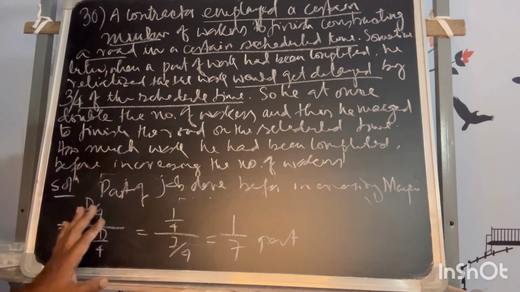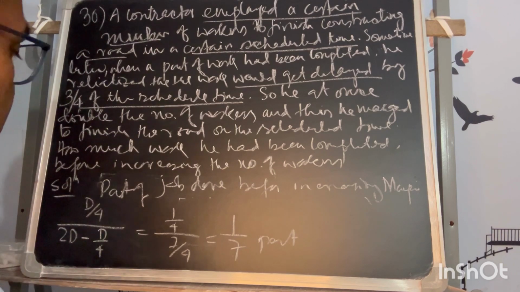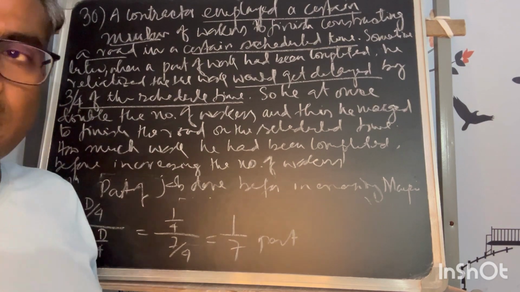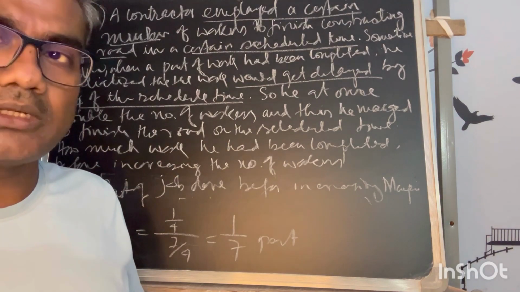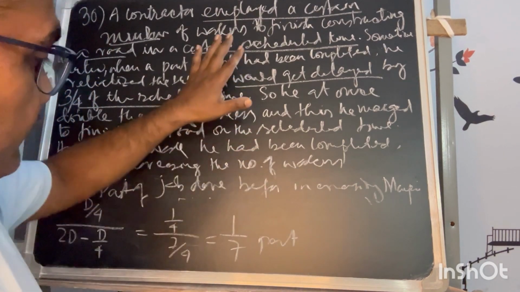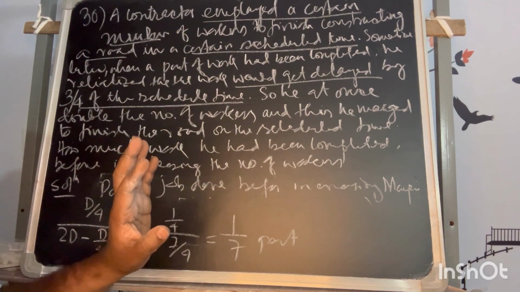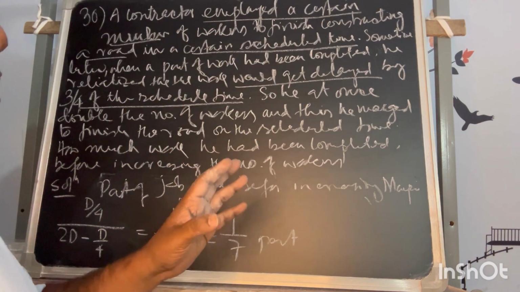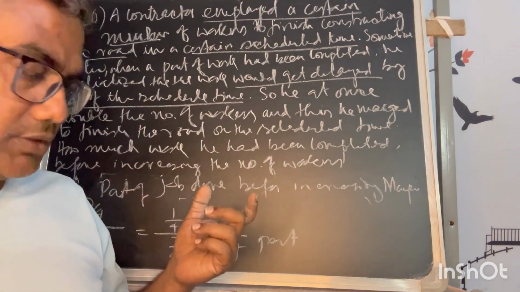So better follow this process. If you want to try it with the unitary method, you can try and test me. If you get stuck somewhere, just tell me. I can give you some hint and I can solve it for you even if needed. But as of now, just try to understand. This is a very good problem. If you have the concept, only then can you go ahead with this process.